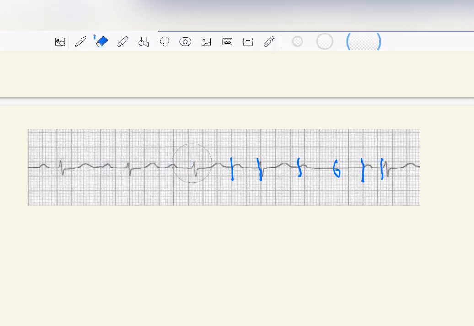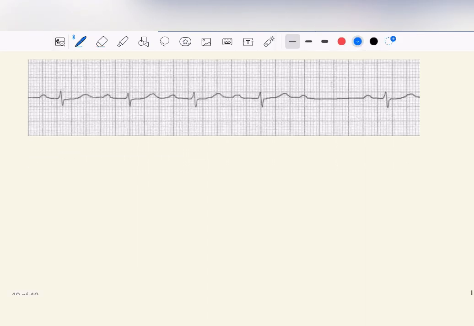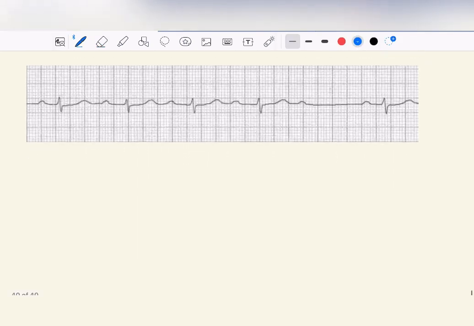So there is a prolonged PR interval, and for each beat, this is the first beat, second beat, third beat, fourth beat, fifth beat, and the sixth beat is missing. So with each successive beat there is successive prolongation of the PR interval. This PR interval is this much, and this PR interval is this much.